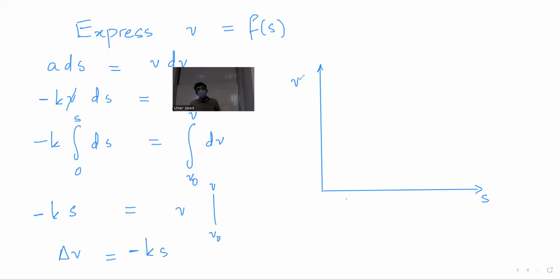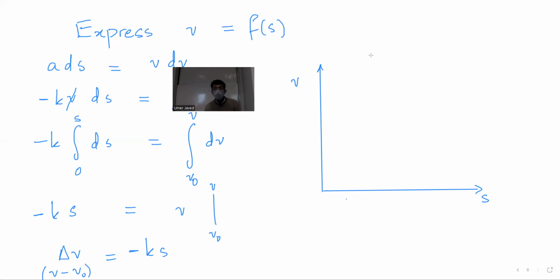Any student who wants to talk about this? This delta V is V minus V0, right? So just keep this in mind. Okay, what will be the curve? V0 is not 0. That's the initial condition.